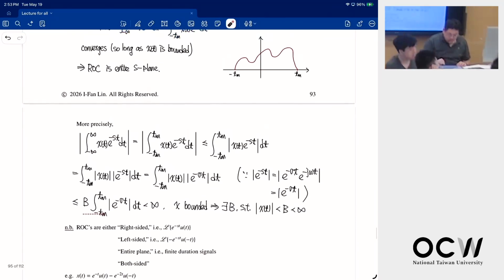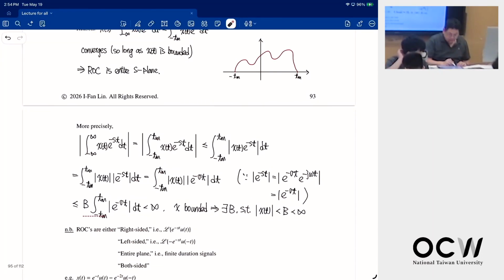Alright, so the region of convergence will be either right-sided, left-sided, the entire plane, or both-sided. Right-sided, for example, we got this example, and also left-sided, or even the entire plane if I have finite duration signals, or both-sided.